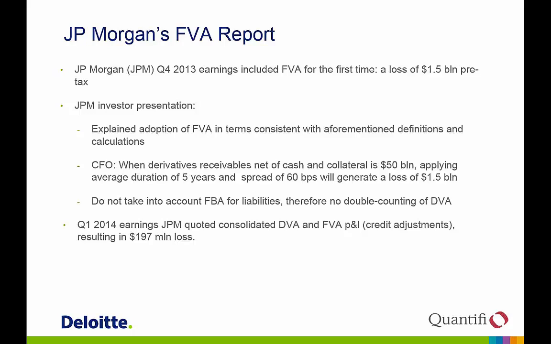So this 5 years explains that you have to look at the whole maturity of your portfolio. Of course, this is a simple exercise, a simple explanation, but that explains how you can come up with this number. They also mentioned that they didn't take into account liabilities or funding benefit adjustment for liabilities, so therefore there was no double counting between DVA and FVA.